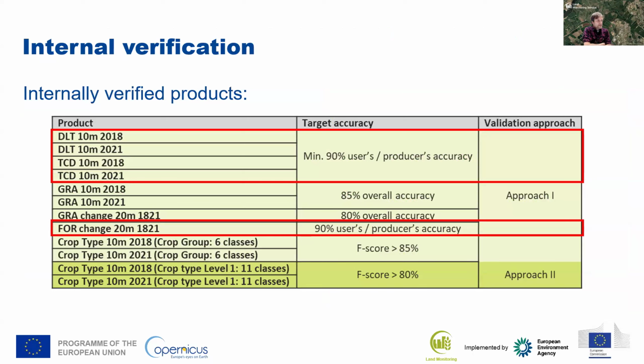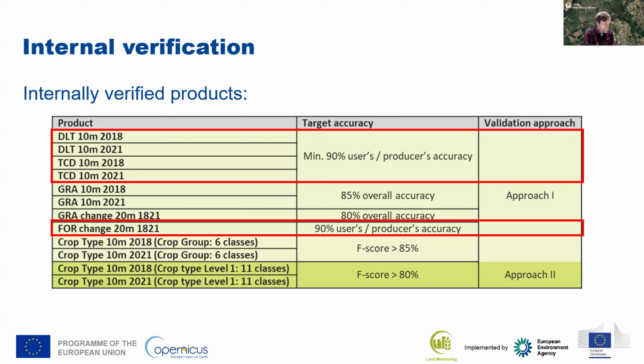Now, after showing these examples, I just want to briefly give an overview of the internal verification done after the processing. So in the processing steps, I said before, there's already internal QC done during the production process, but once the primary products are available, there's also an internal verification done by a team that's not involved in production at all.